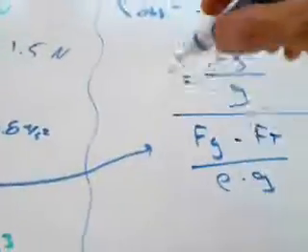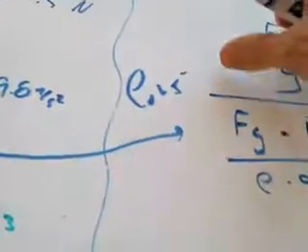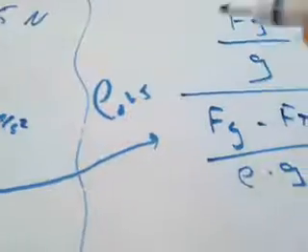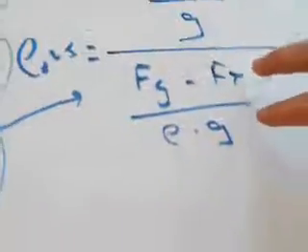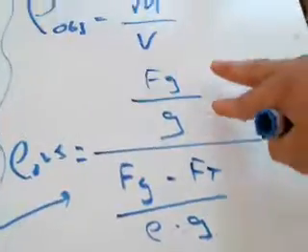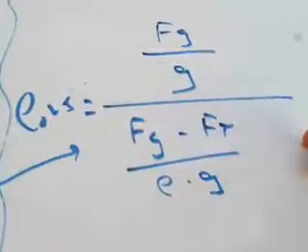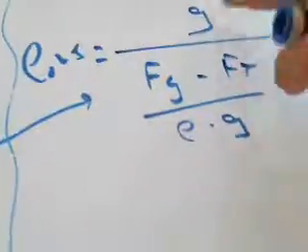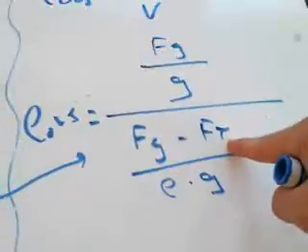So the density of this object is this quantity, which is its mass, divided by this quantity, which is its volume. If complex fractions are too complex, remember whenever you divide by a fraction, you can flip it and multiply. So it'll be Fg rho g divided by g times (Fg minus Ft).